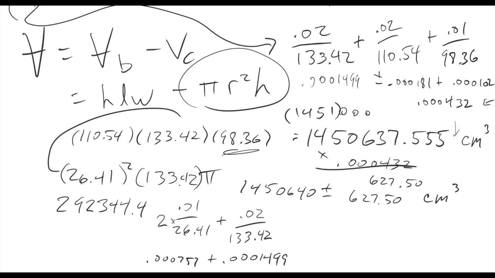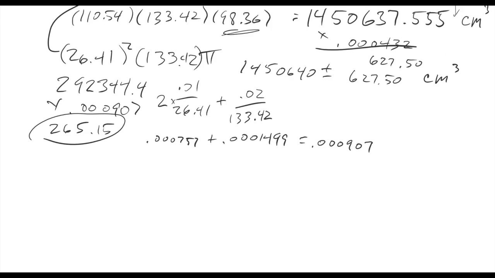I'm sorry, this is really boring, but it is necessary to get the right amount of error propagated through. 907. Now I multiply that. Got 265.15 as my error.